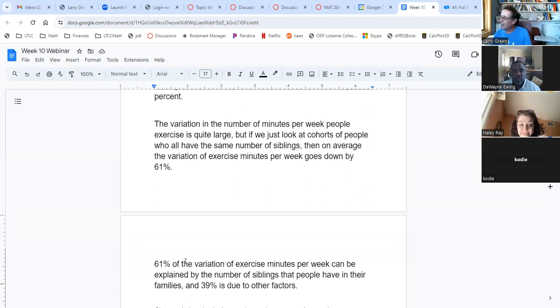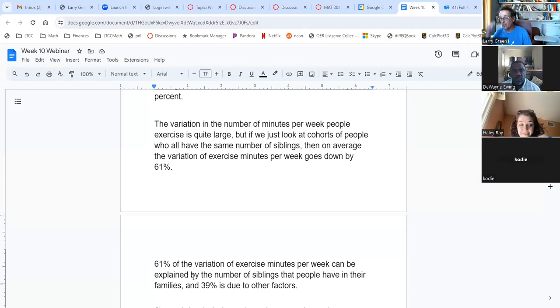Okay. Yeah, no, you can't say that, because correlation can never be used to talk about cause and effect. So having another sibling does not necessarily make you exercise more. It might be something else that makes both happen. You see how that works?